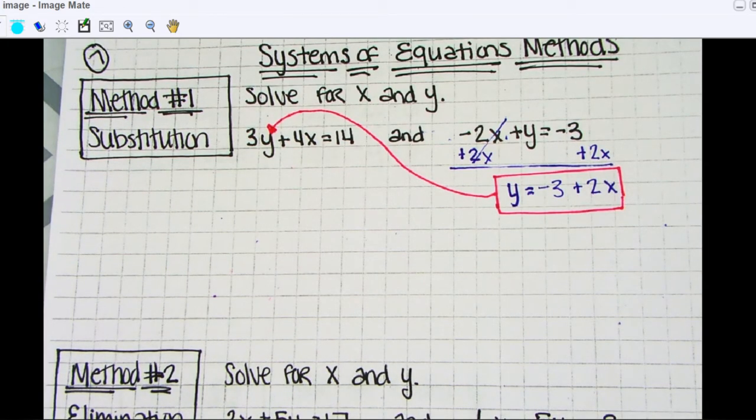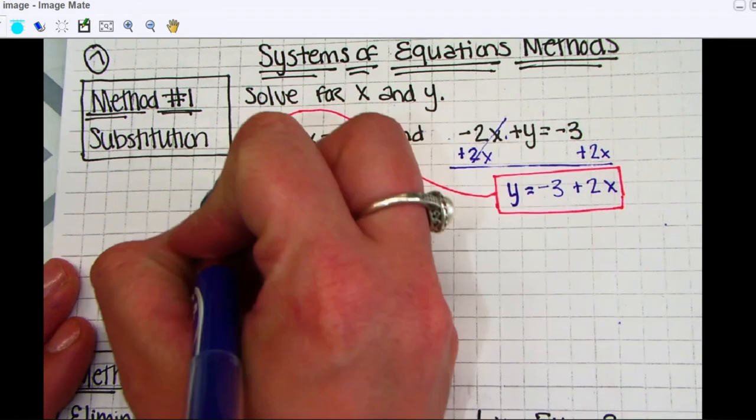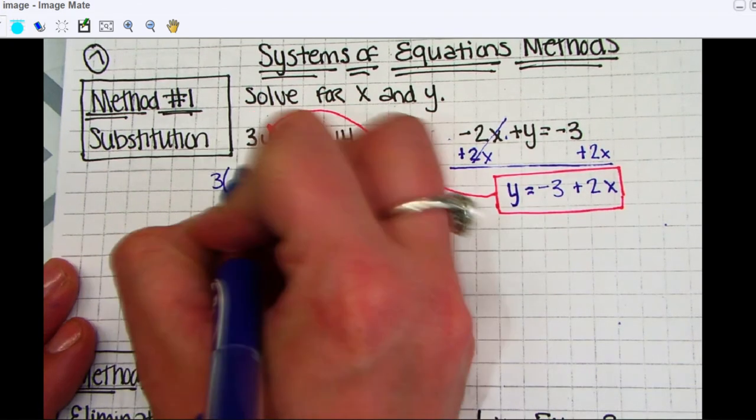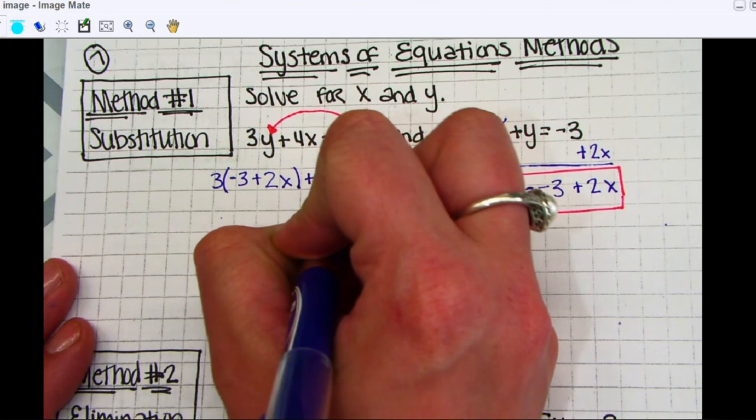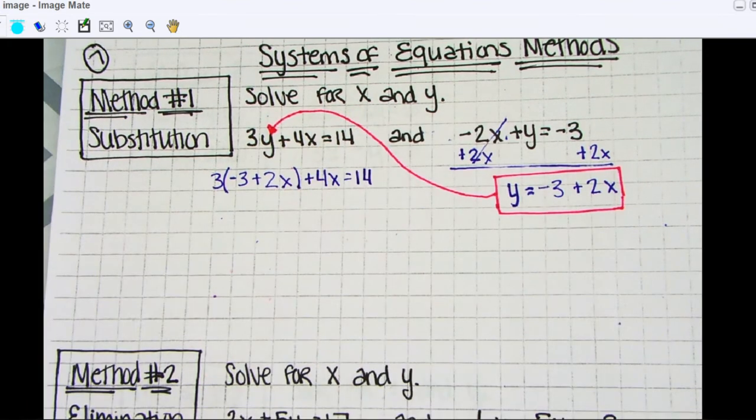It will do you no good to plug it into the one you just solved. Like, there's no point. So we get 3 times negative 3 plus 2x, plus 4x equals 14. So we're just taking y out and putting y's equation in its place.